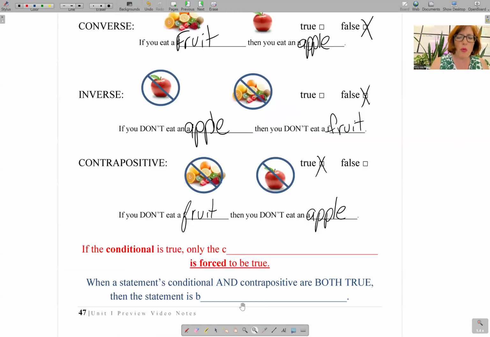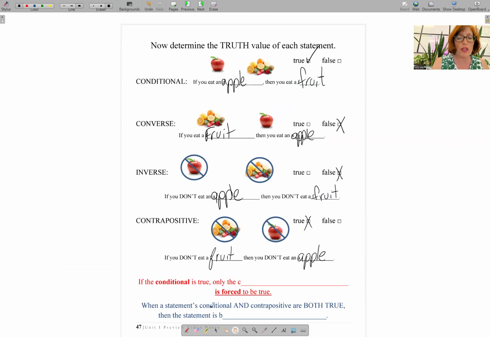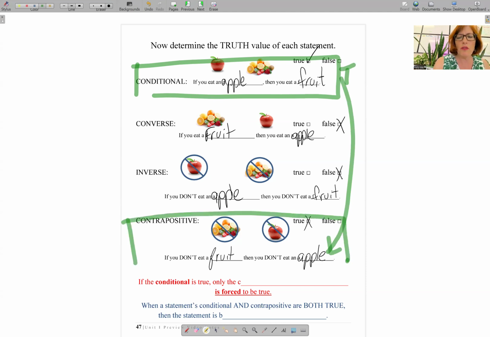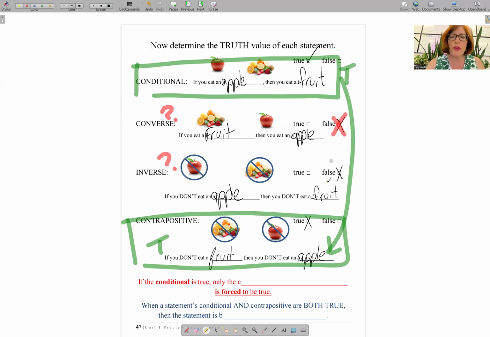This leads you to one of our logic laws, called the law of contrapositive, which says if the conditional is true, only the contrapositive is forced to also be true. The converse and inverse are like maybes, so we say it's false. If the conditional is true, only the contrapositive is forced to be true.